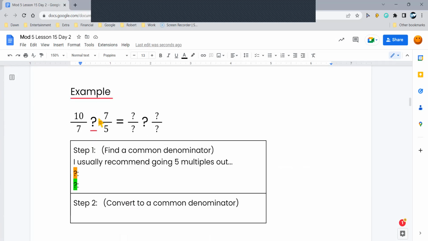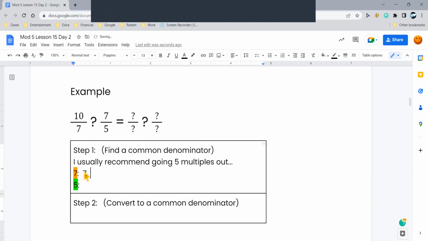We have 10/7 and 7/5. So I'm going to take our denominators, the 7 and the 5, and put them right down here in step 1. The orange one would be 7 and the green one would be 5. I'm going to write out the multiples of 7 five times.